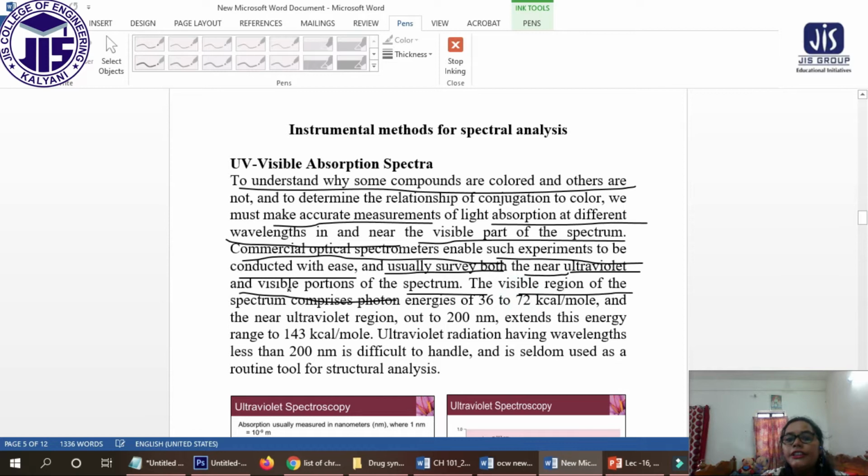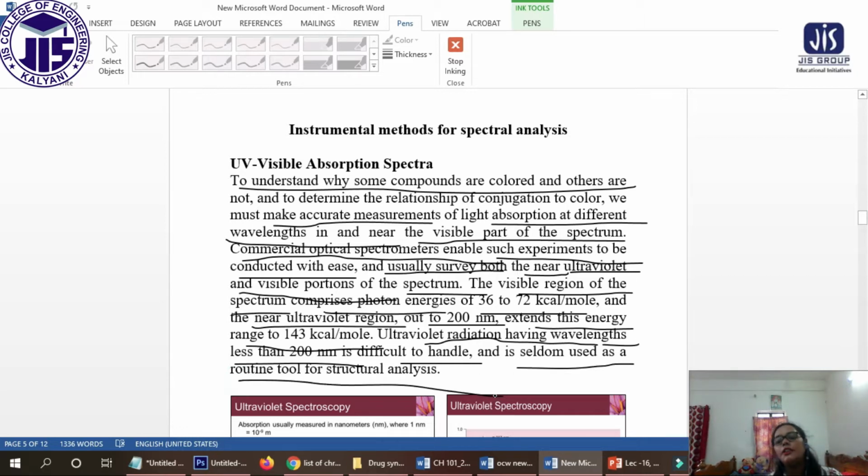The visible region of the spectrum comprises photon energies of 36 to 72 kilocalorie per mole, and the near UV region, out of 200 nanometer, mind it, extends this energy range to 143 kilocalorie per mole. UV radiation having wavelength less than 200 nanometer is difficult to handle, and is seldom used as a routine tool for structural analysis.